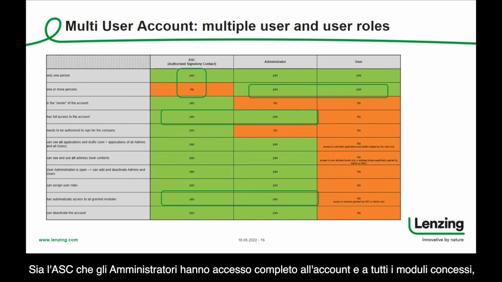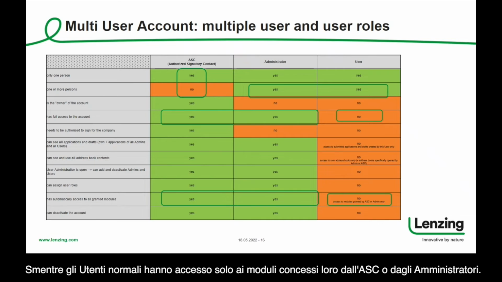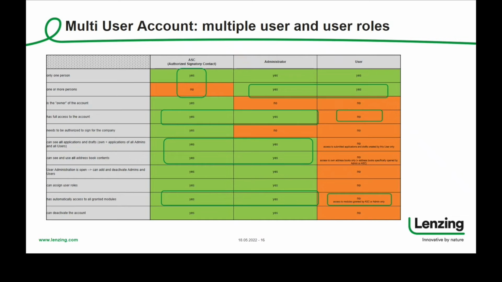Both ASC and admins have full access to the account and to all granted modules, whereas normal users only have access to those modules granted to them by the ASC or admins.